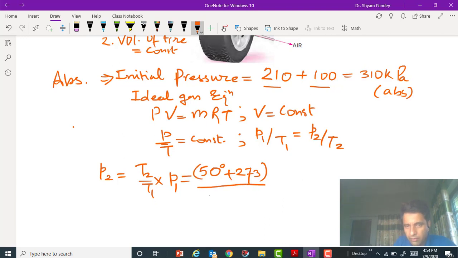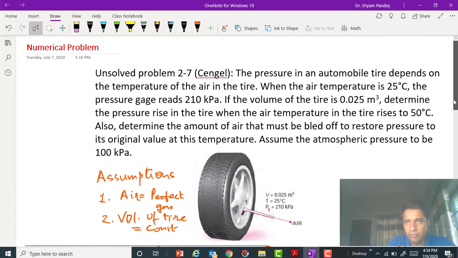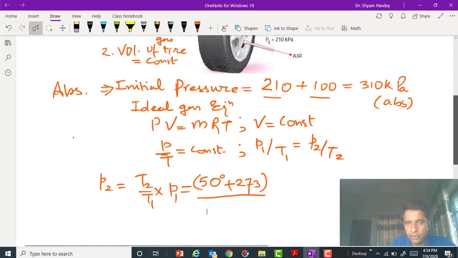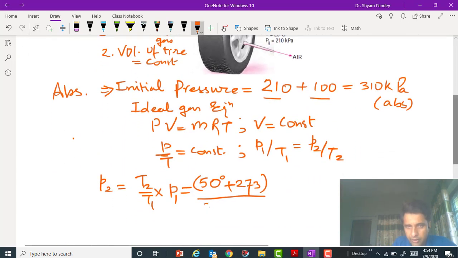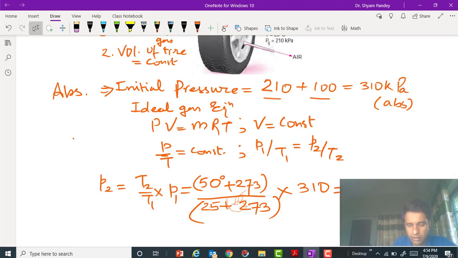The initial condition is also given: when the air temperature is 25 degrees Celsius, you need to add 273 to this as well. So P2 equals 323 divided by 298 into 310.